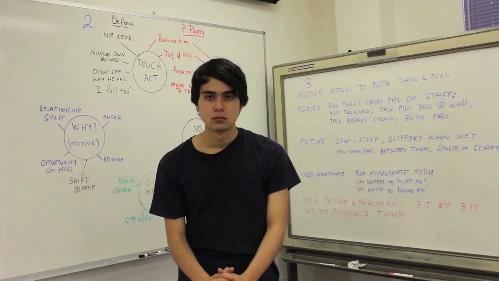You'd had an argument that morning with Jill, hadn't you? I had. And that's because you hadn't been faithful in your relationship. Yep. You were the one who'd done the wrong thing. Yes. And having done the wrong thing, you both went up the hill to do your jobs, didn't you?